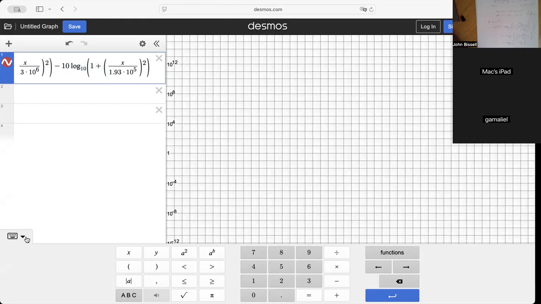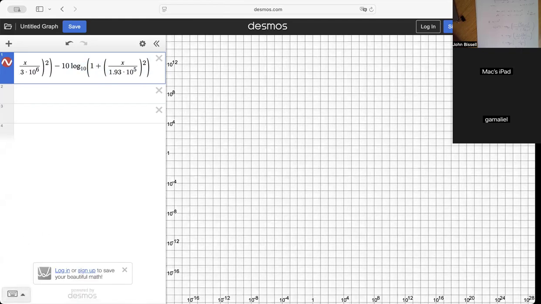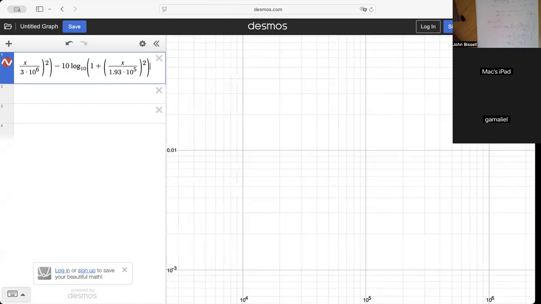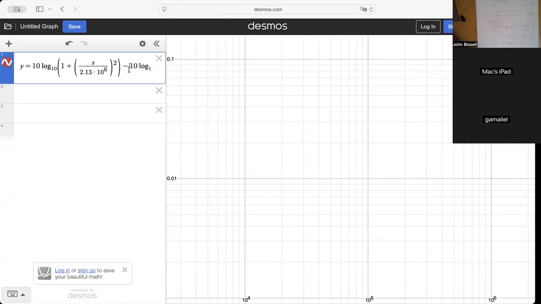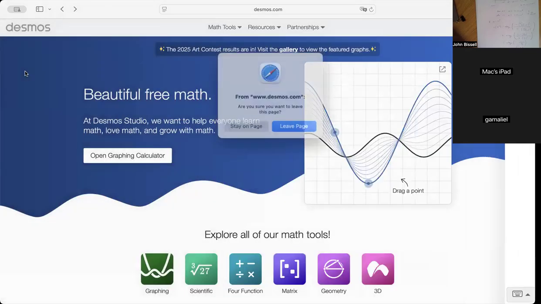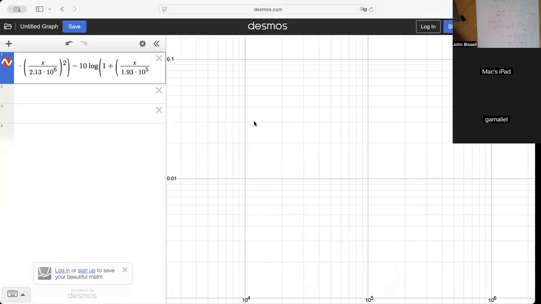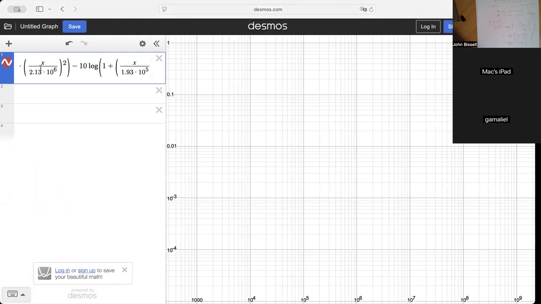What's happened? Where's it gone? Am I doing something wrong here? I just do log, is that better? Can you change one of the x's to, I don't know, y or some other letter?